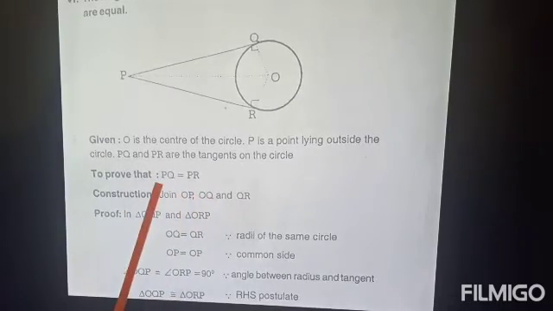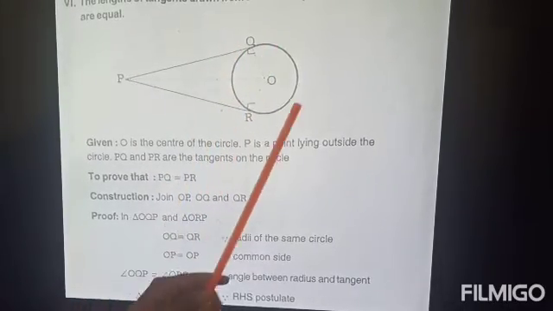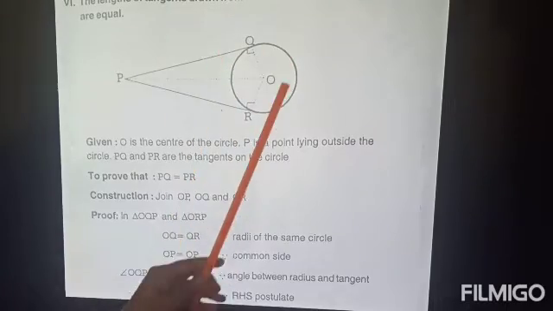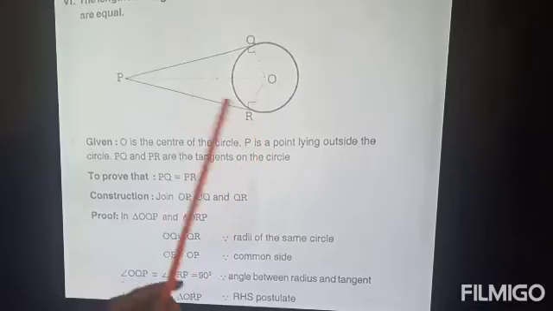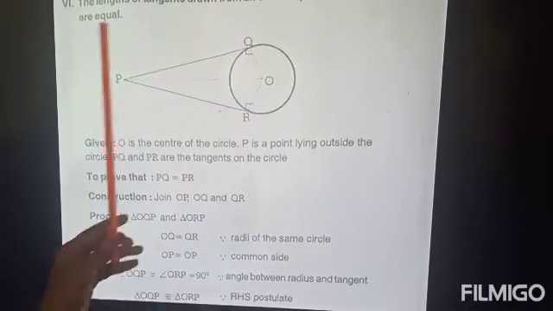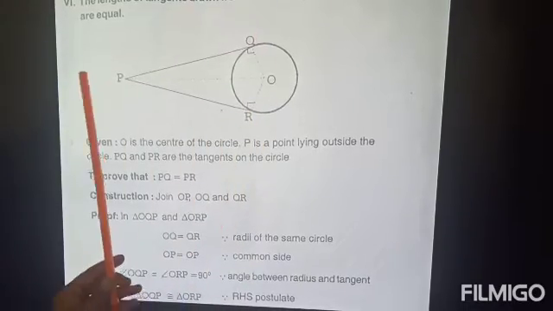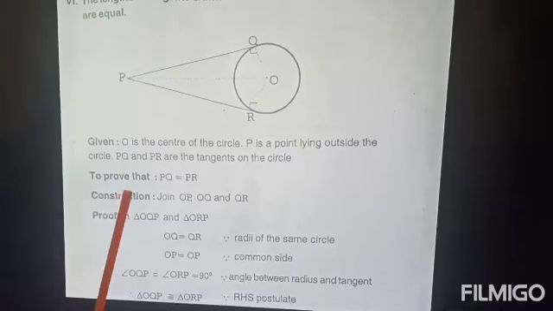Next, to prove this, we need an extra construction. In the statement, only the circle with center O and the tangents from an external point are given.